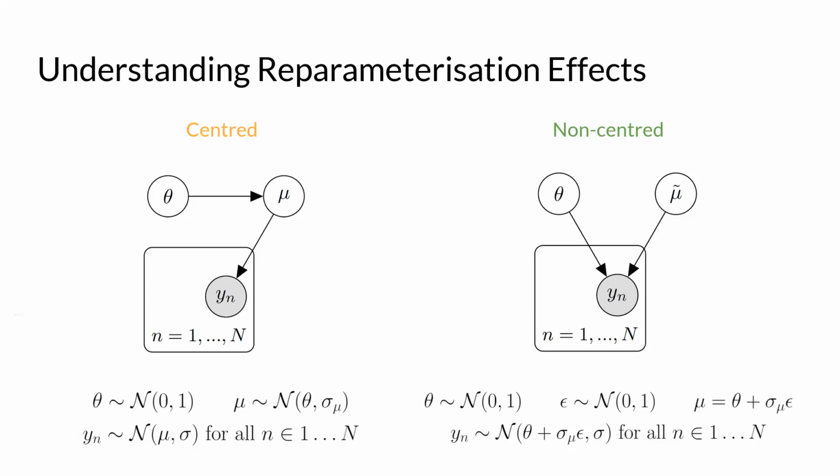Because a lot of people are confused why you even call it non-centered, and it's just so confusing to a lot of people. So having an effective way to communicate that is pretty important, in my opinion.